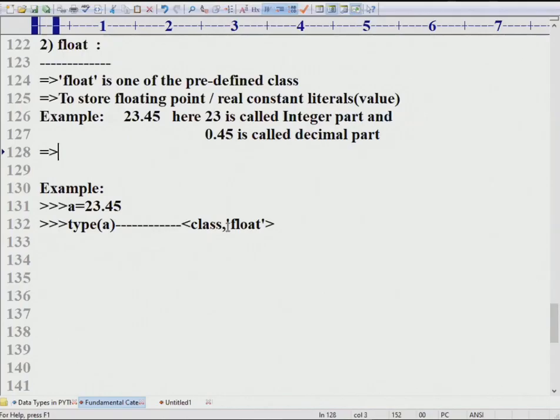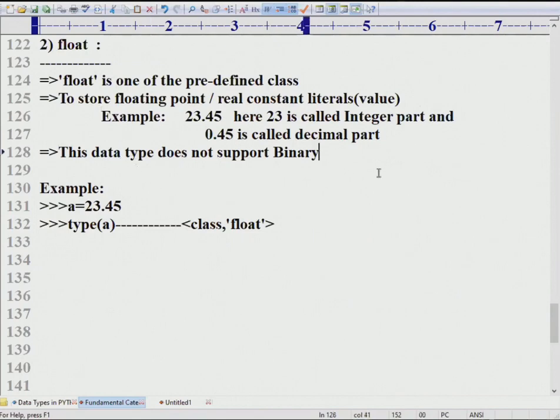I am writing this for the data type. You also write down. Beginning note, point by point you write. These are all properties of the data types I am discussing.